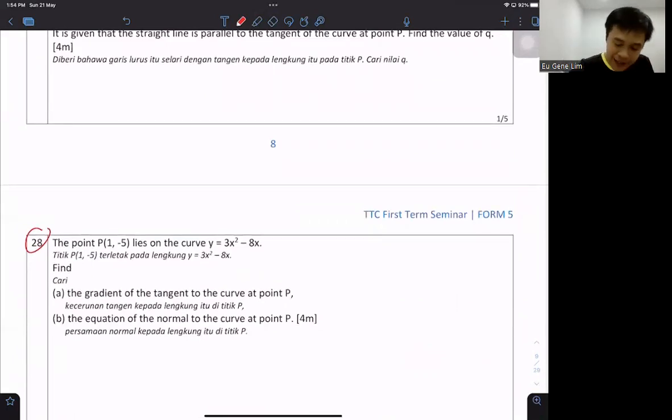Let's say you have a curve, and the curve is y equals 2x squared minus x. Just an example only.